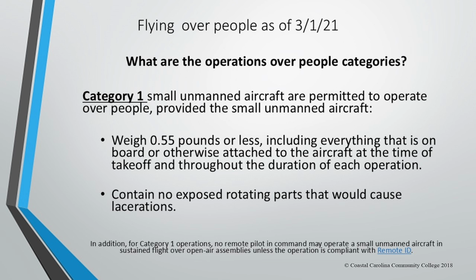Secondly, it contains no exposed rotating parts that could cause lacerations. Be careful, that means in most of our drones we have to put prop guards, and when you put the weight of the prop guards on, the 250-gram drones exceed 250 grams.